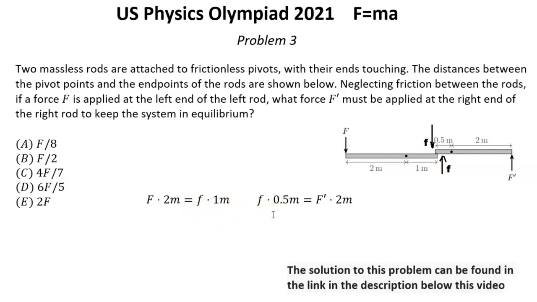For the right rod, we have small f multiplied by 0.5 meters equals F prime multiplied by 2 meters. From here we have small f equals 2 big F and F prime equals 1/4 of small f, which is 1/2 of big F. And this is the answer B, and that was the solution for problem number 3.